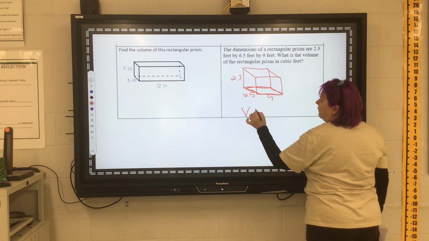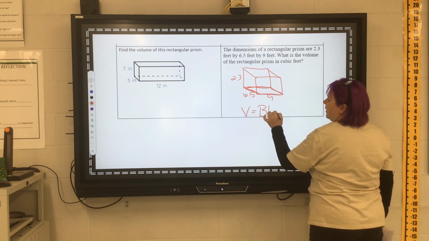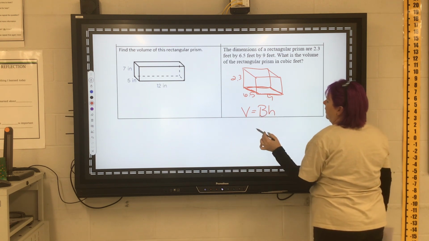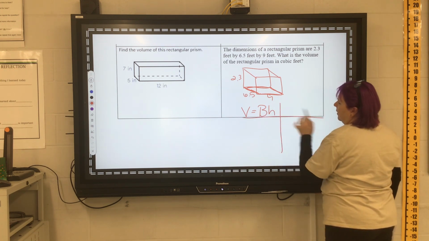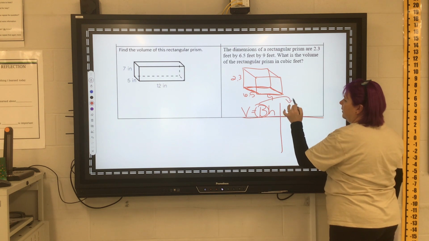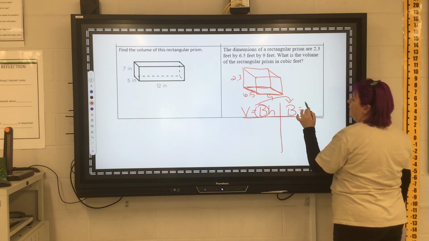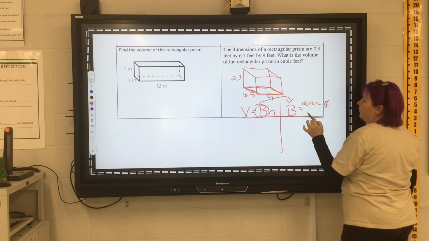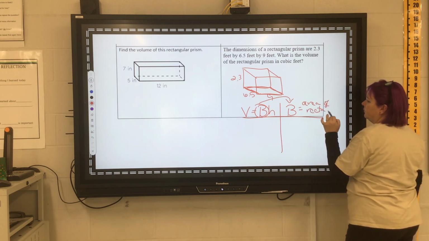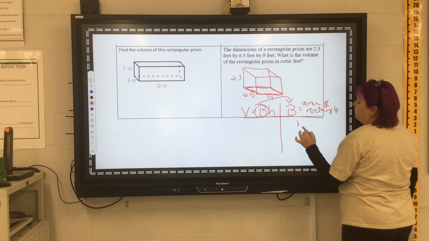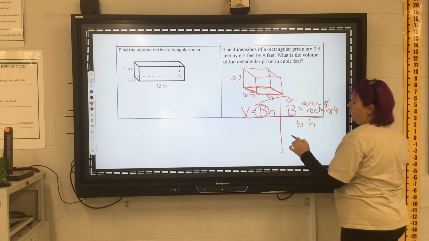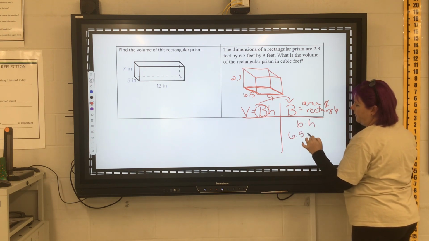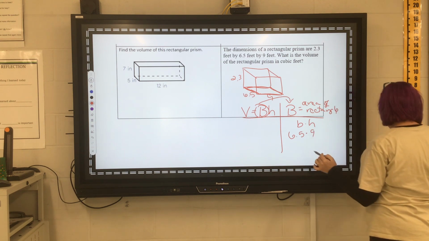So once again, volume, area of base times height. I'm going to pull out my B, and it is the area of a rectangle, which is base times height. So I'm going to do 6.5 times 9.